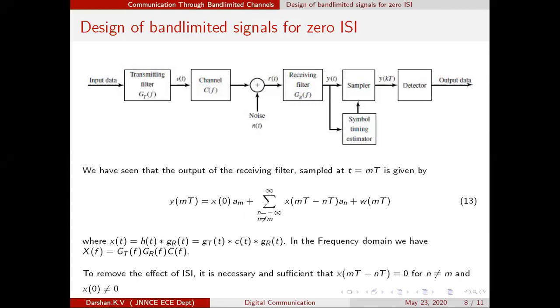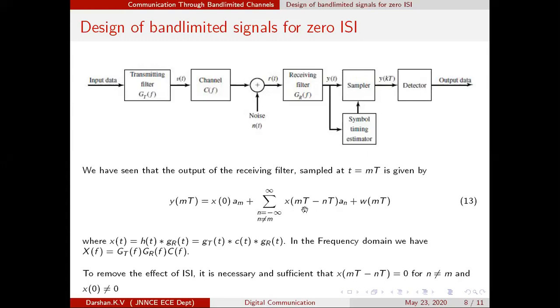So finally, what did we get from this equation number 13? To make the ISI 0, to avoid the ISI, what am I supposed to do? In this equation number 13, we should nullify the second term. To nullify the second term, we cannot make the ANs 0. So the only possibility is x of mt minus nt.